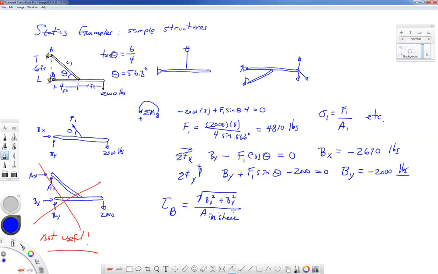If I wanted the shearing stress at pin A, I could do it this way if I wanted to. AX squared plus AY squared, square rooted, over the area in shear of the pin. But remember, these two have to be the resultant F1, so we can just as easily write this as F1 divided by the area in shear.